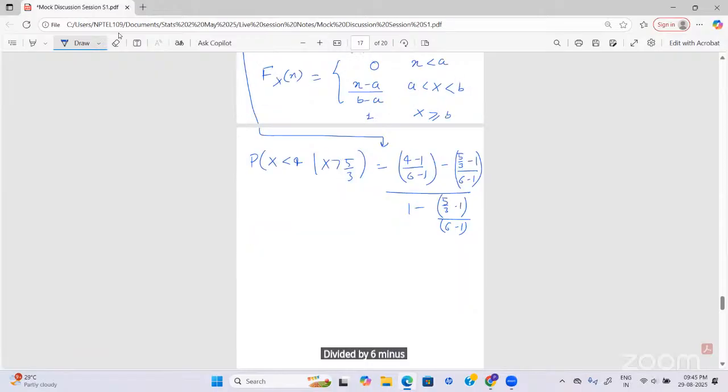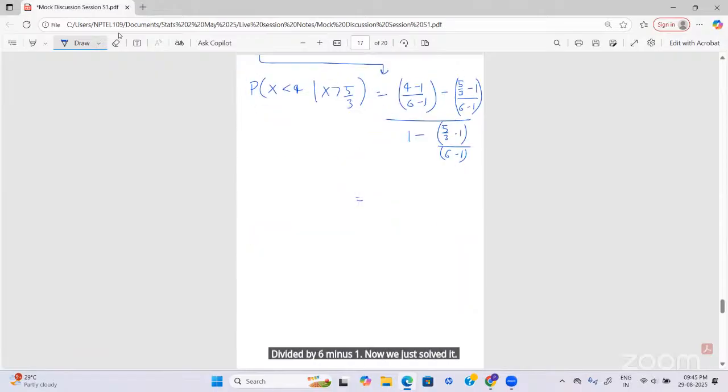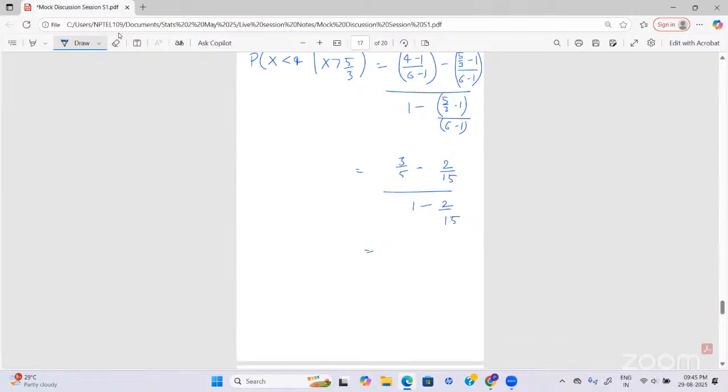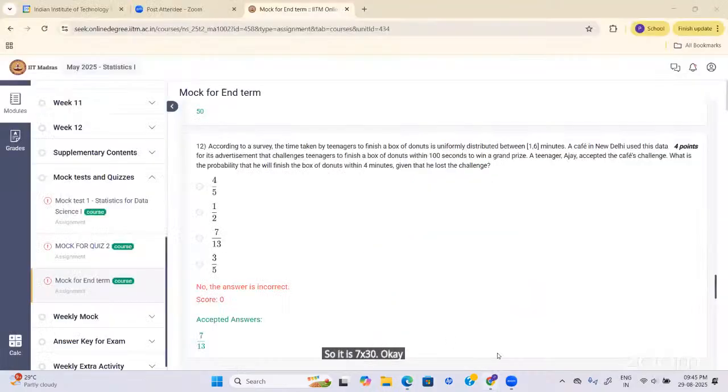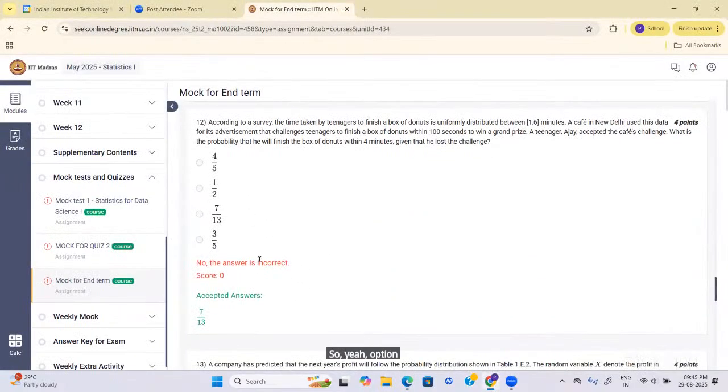Now just solve it. 7 by 20 ... so it is 7 by 13. So option number C is correct.